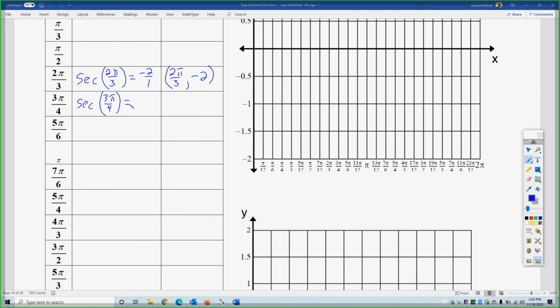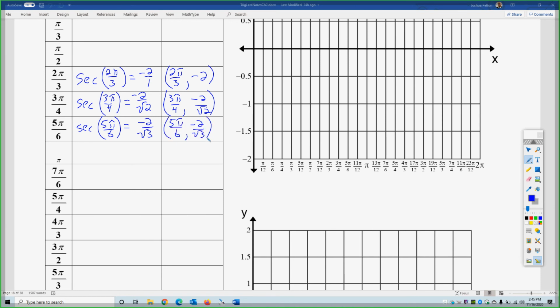That's the 45-degree angle, so 2 over root 2, but negative, of course, in this case. And then we have 5 pi over 6, which is the 30-degree angle. So the secant of the 30-degree angle in that quadrant is negative 2 over root 3. So 5 pi over 6 is negative 2 over root 3.